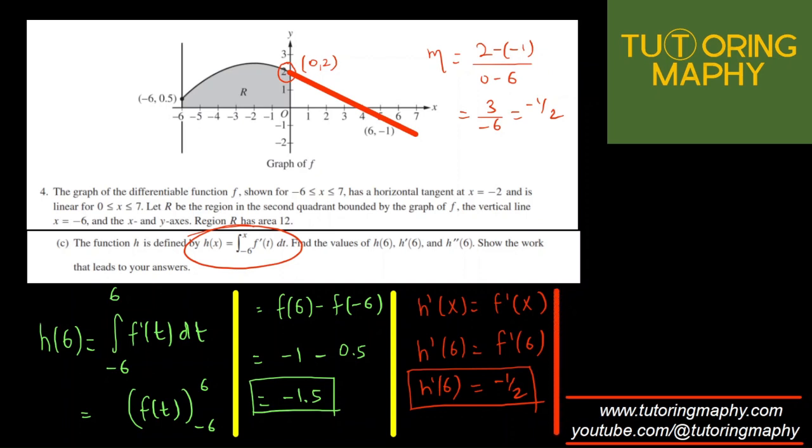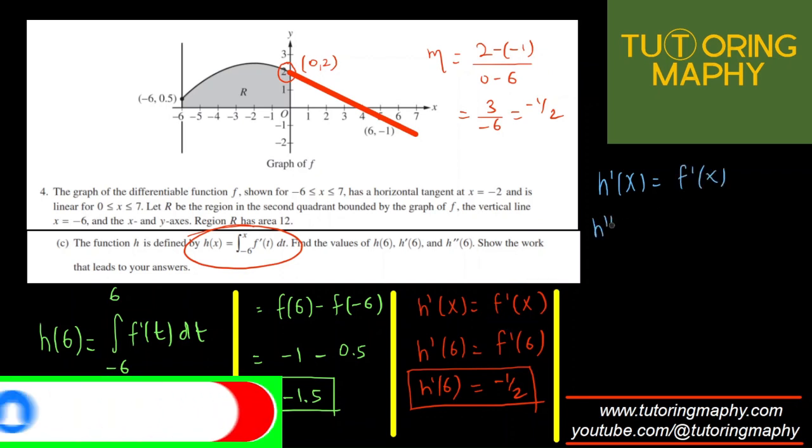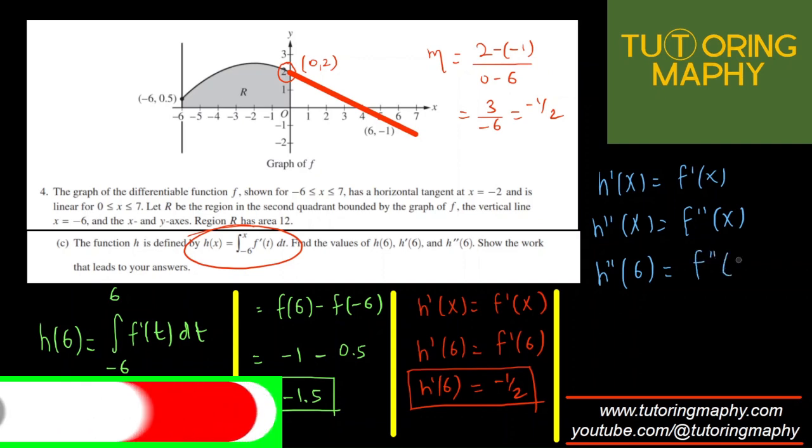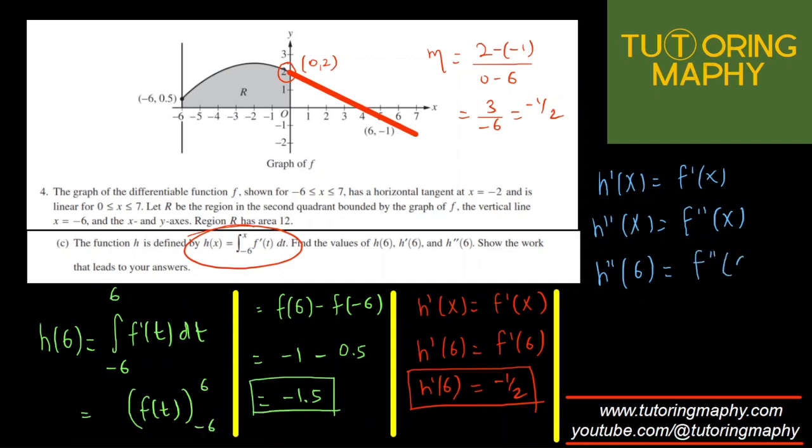But they are not done here. They want us to find the value of h double prime 6 as well. So we already have the value of h prime x, correct? h prime x is just f prime x. So h double prime x is going to be f double prime x, and h double prime 6 is going to be f double prime 6.